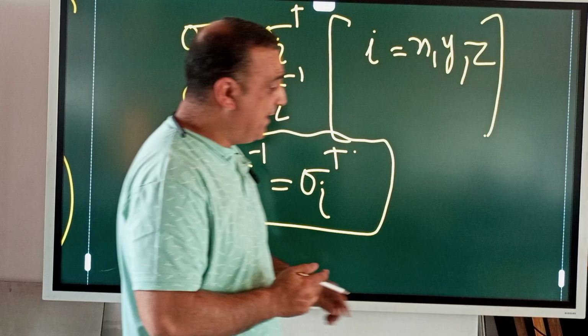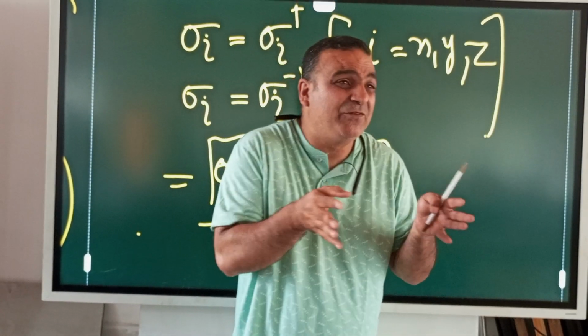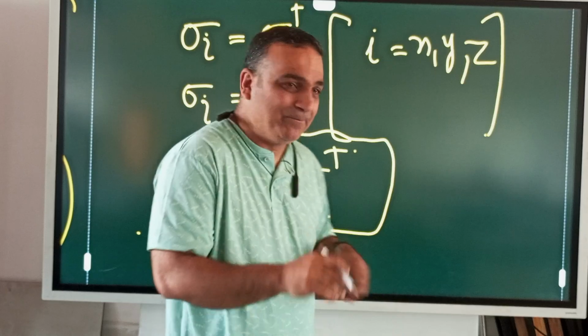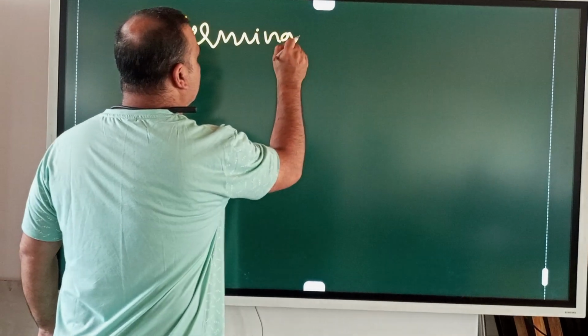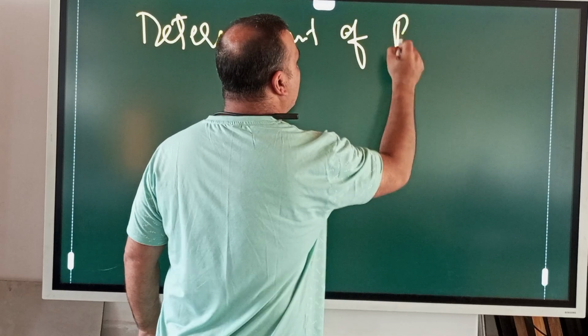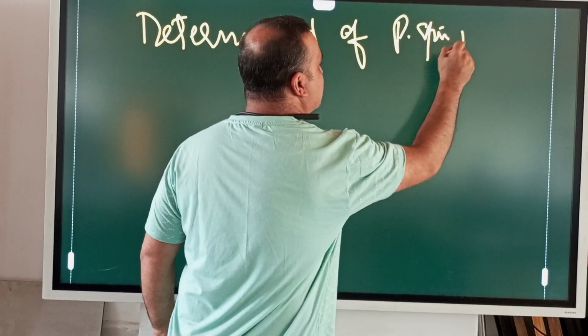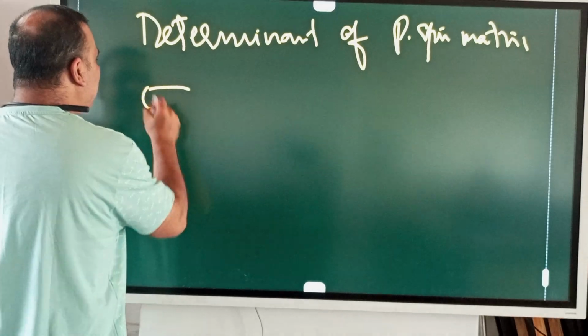The next important thing is, let's try to obtain the determinant of these Pauli spin matrices. Sigma x, what is sigma x?